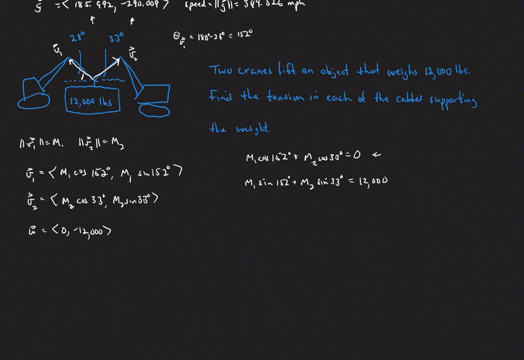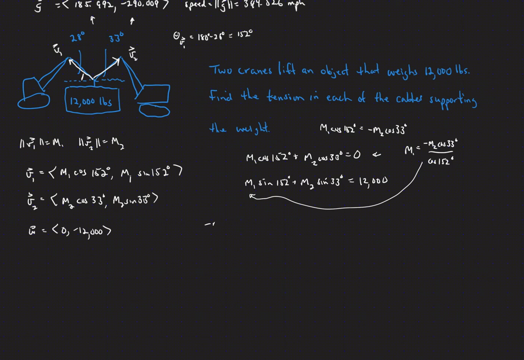So in the first equation, I'm going to solve for M1. So we are going to subtract the M2 cosine 33 to the other side, and then we will divide by the cosine of 152, and so we have that M1 is going to be a negative M2 cosine of 33 divided by cosine of 152, and we're going to plug that in for M1 in the second equation.